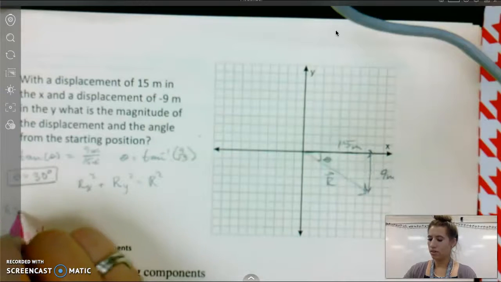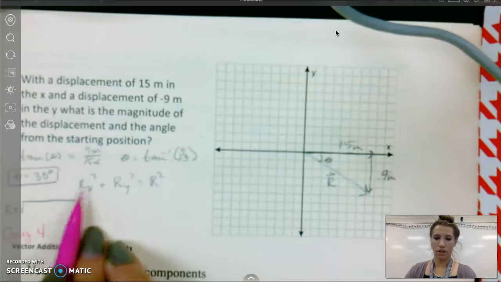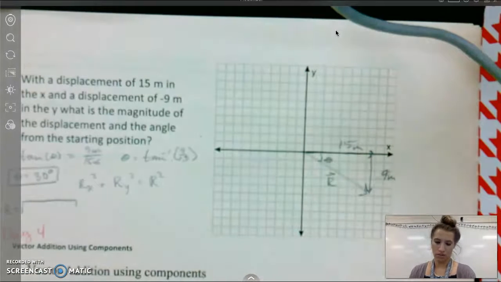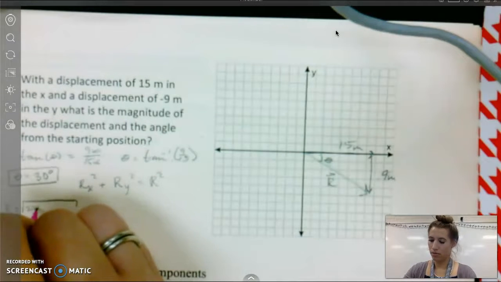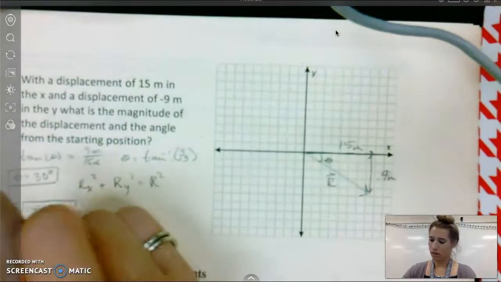So r is going to equal the square root of r sub x squared plus r sub y squared. So r sub x is 15, and I get 225. And then 9 squared, so 81.